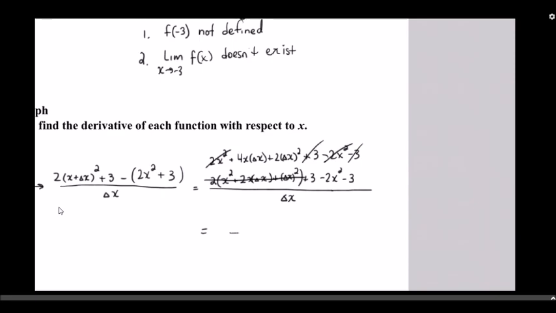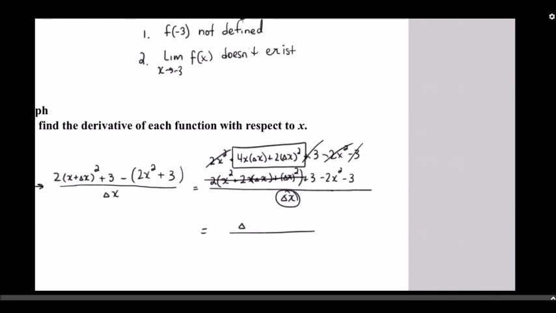So what I'm left with is this expression here in the numerator, 4x delta x plus 2 delta x squared. And then I've got this term here in the denominator, just a delta x. Now, if you notice every term in the numerator, 4x delta x plus 2 delta x squared, each term has a delta x as a common factor.